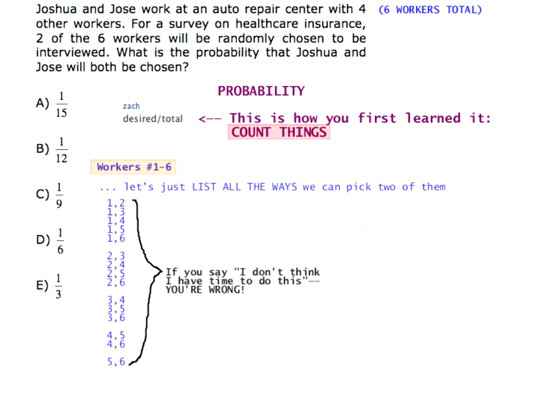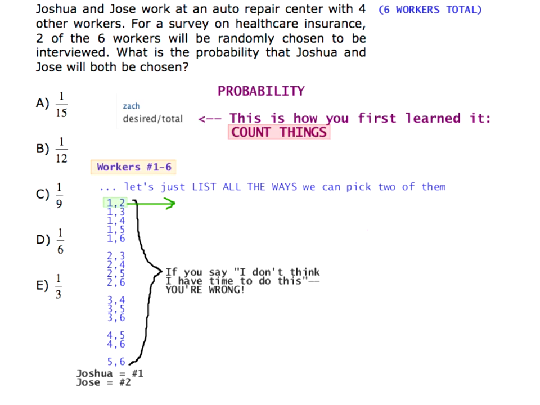And now let's just say that Joshua happens to be worker number 1. And Jose happens to be worker number 2. So the probability that both of them will be chosen is just that one possibility. This is the only instance in which both of them are chosen.